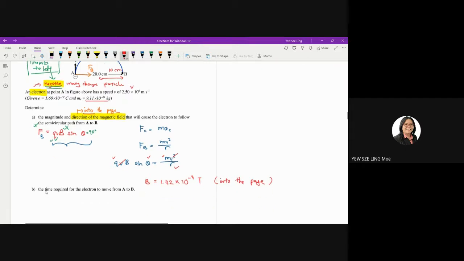So question B, the time required for the electron to move from A to B. You record the things that you write in your lecture notes. So we have V equals R omega.